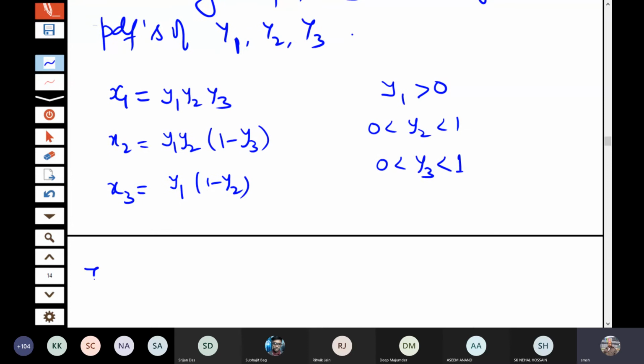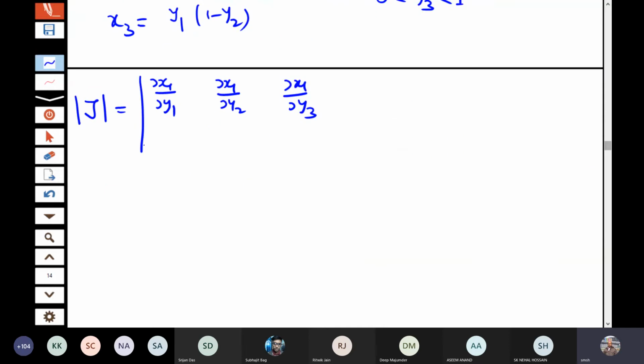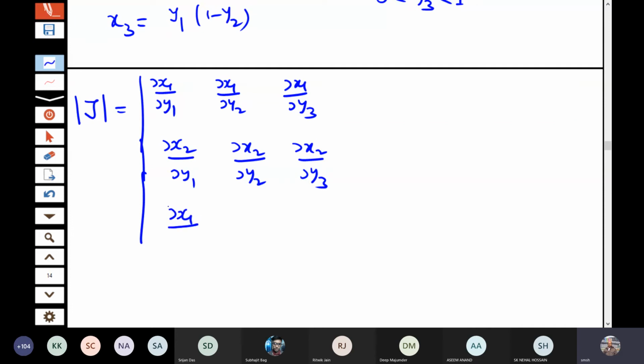So the Jacobian is the determinant of del x1 by del y1, del x1 by del y2, del x1 by del y3, del x2 by del y1, del x2 by del y2, del x2 by del y3, and del x3 by del y1, del x3 by del y2, del x3 by del y3.